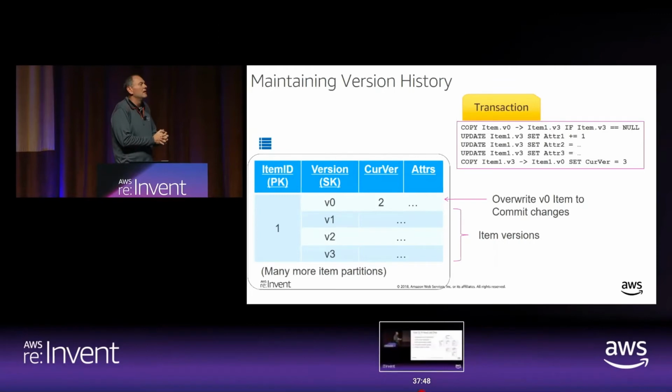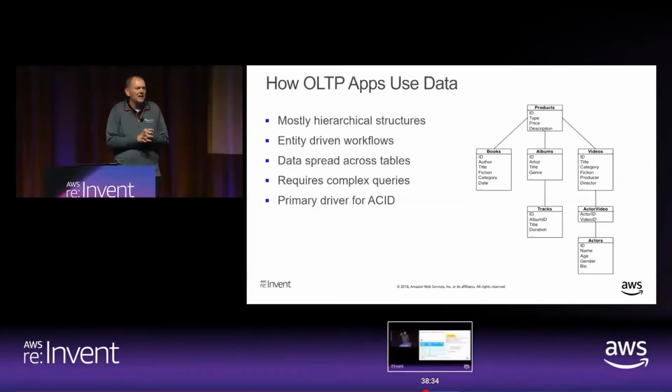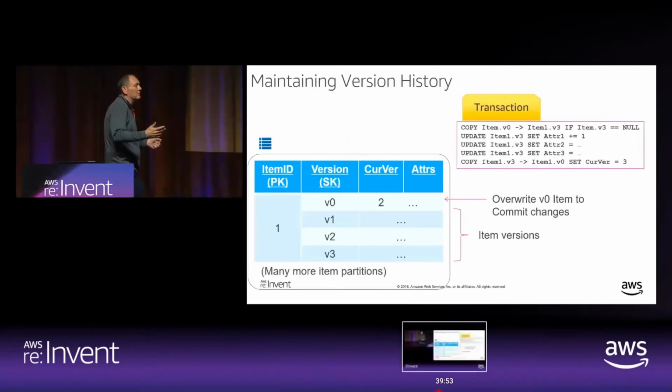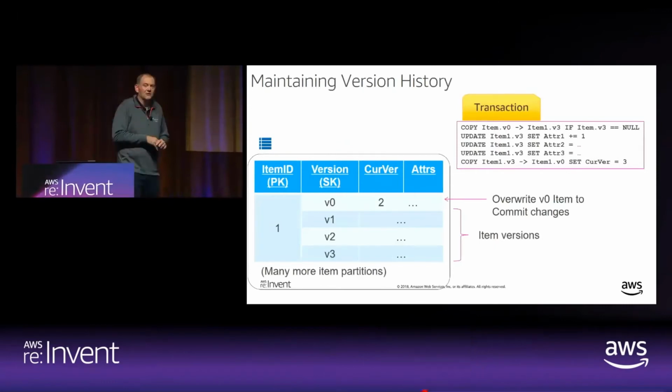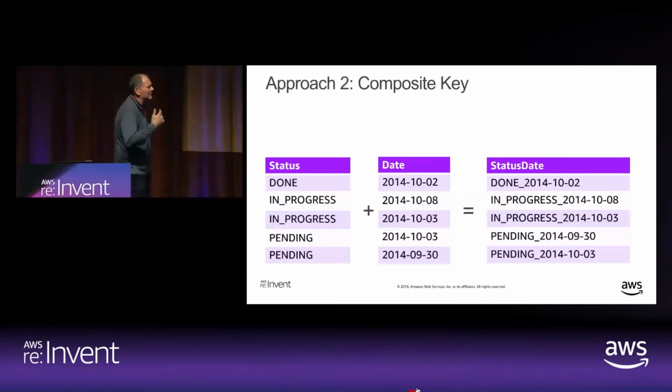So when he was talking about the in progress, pending, and the date, he basically concatenated them together into the sort key. It was before this section right here. So later on in this same section. Here we go, right here.